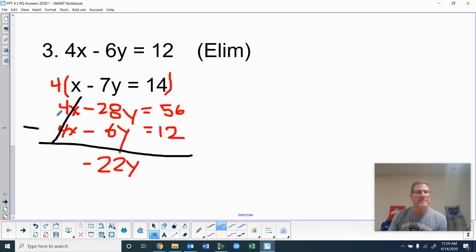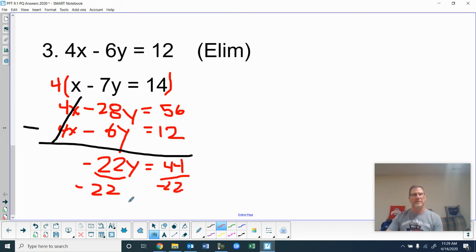And then 56 minus 12 is 44. And then I divide by negative 22 to get y by itself. And 44 divided by negative 22 is a negative 2.